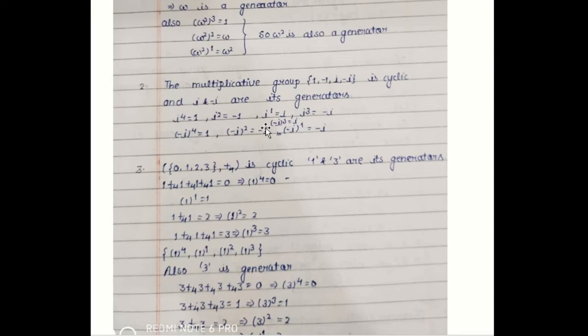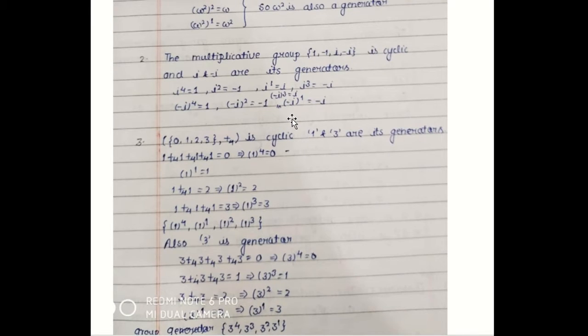So this group is cyclic and generated by i, and each element can also be generated by minus i. Since minus i to the power 4 is 1, minus i to the power 2 is minus 1, minus i to the power 3 is i, and minus i to the power 1 is minus i. So this group is generated by i and minus i.